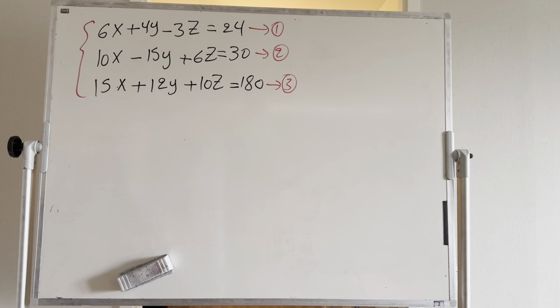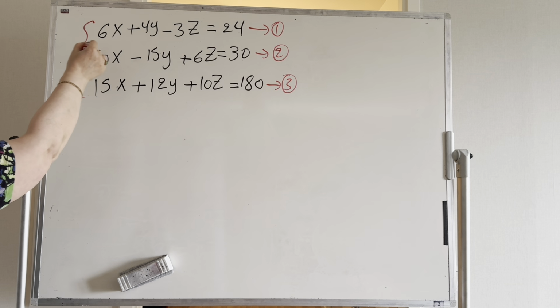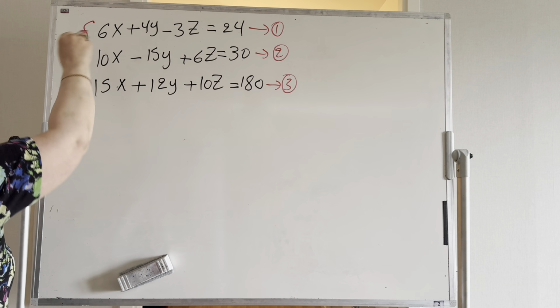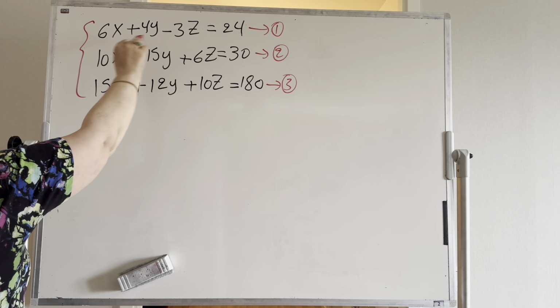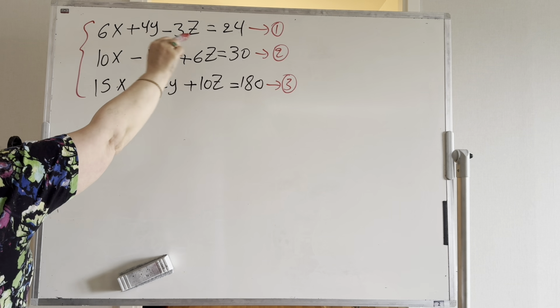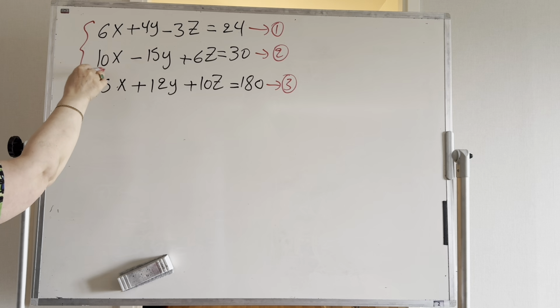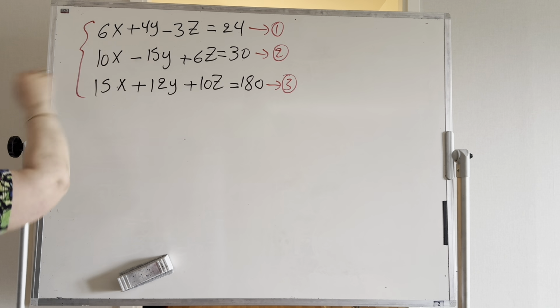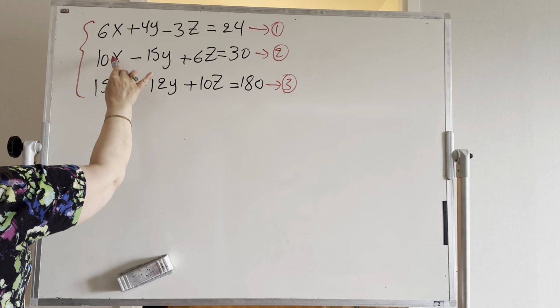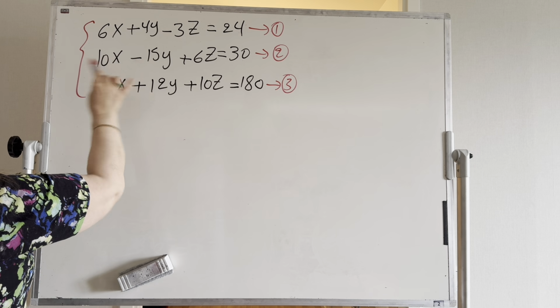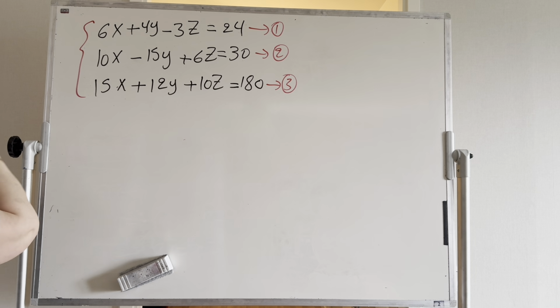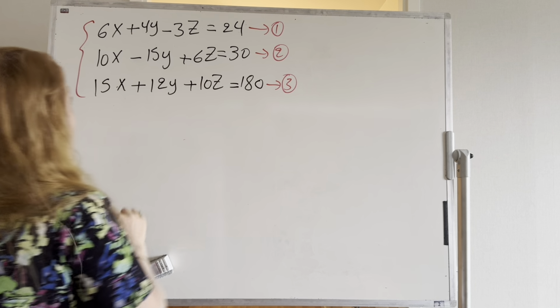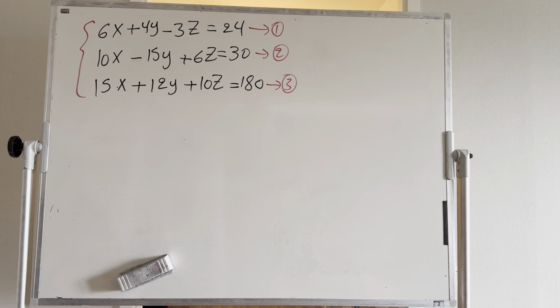If I look at the first equation, if I want this term to be 30, I will multiply all this equation by 5, and if I want to eliminate x, I will multiply 10 by 3. So I will multiply the second equation by 3.